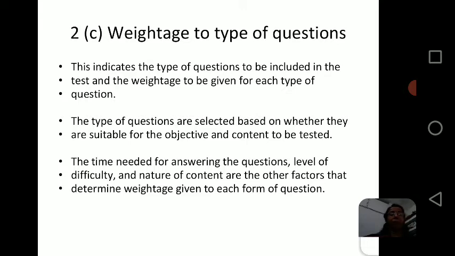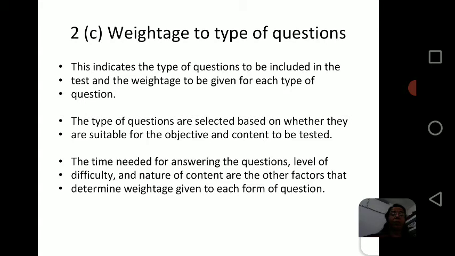Got it? There are many factors to be considered while selecting the type of questions. Mainly the questions are divided into 3: multiple choice or objective type, short answer type, and essay type questions.